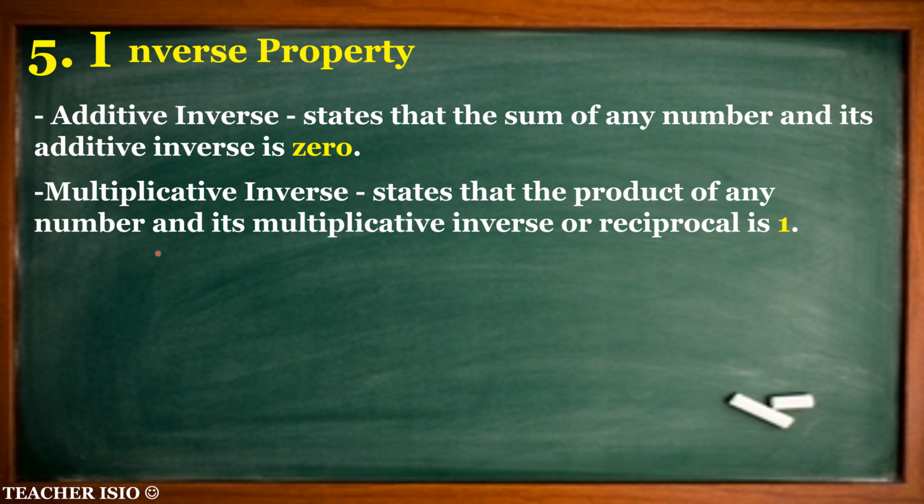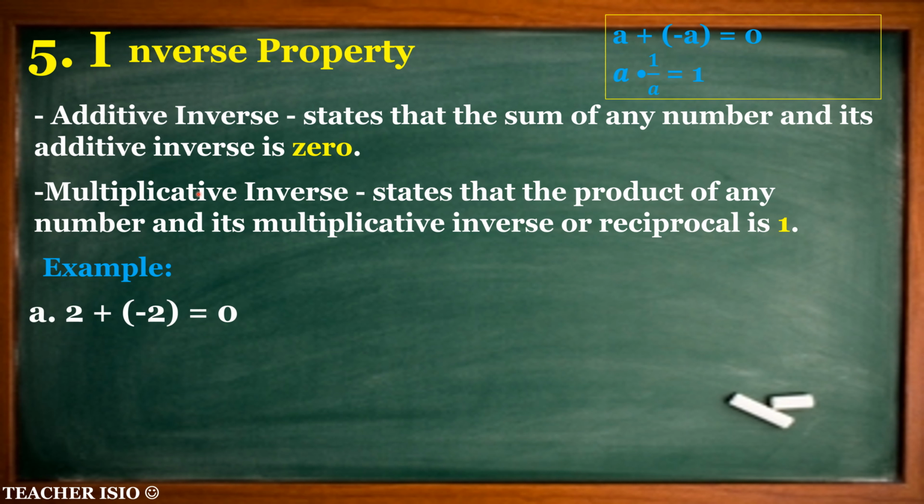In multiplicative inverse, it states that the product of any number and its multiplicative inverse or reciprocal is 1. Okay? So, ang gagawin lang natin, kunin muna natin yung additive inverse or kabaliktaran kapag ang operation ay addition. Sa multiplication naman, kukunin natin yung reciprocal. So, when we say reciprocal, si numerator magiging denominator, si denominator magiging numerator.